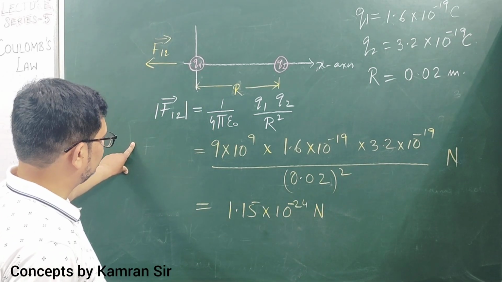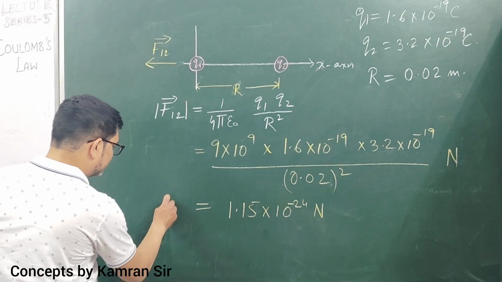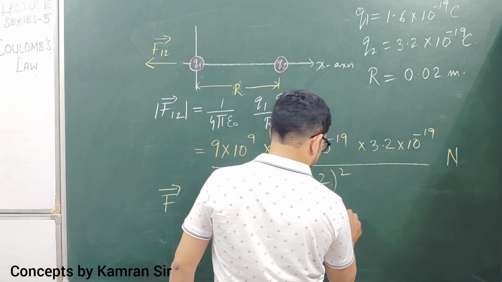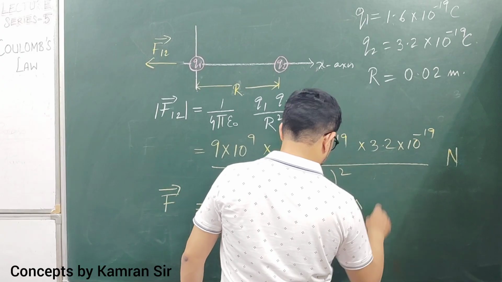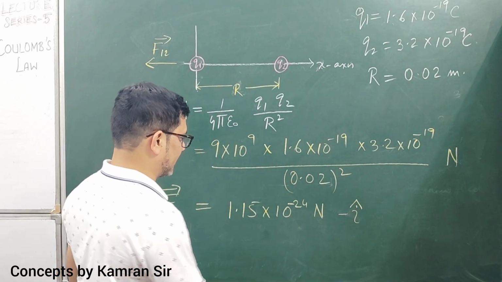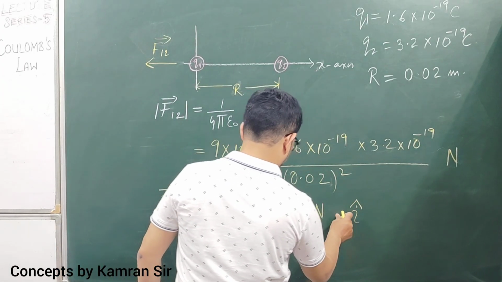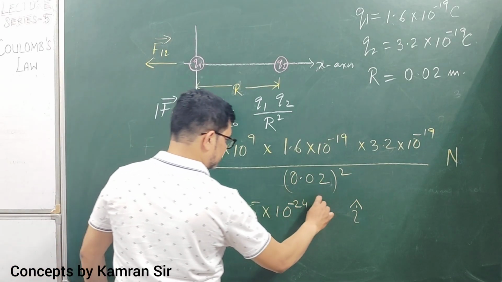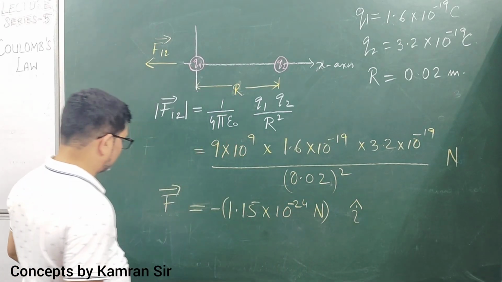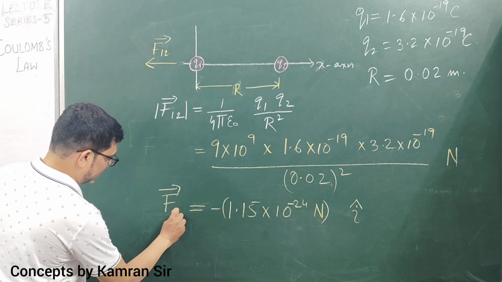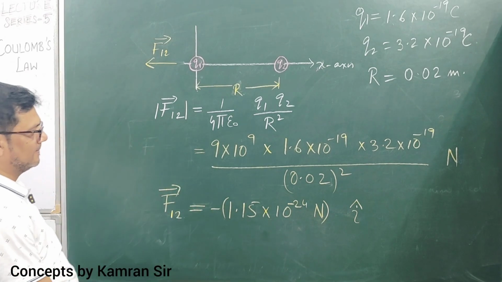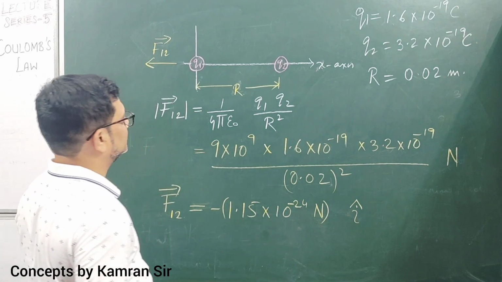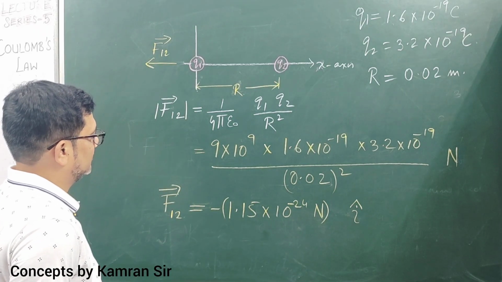So what's going to be the direction? The direction is going to be negative i cap, right? So if you place this negative sign here, this is the value we get for force on 1 because of 2. So we have used unit vector notation here to denote the direction.